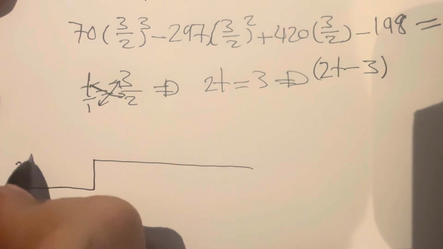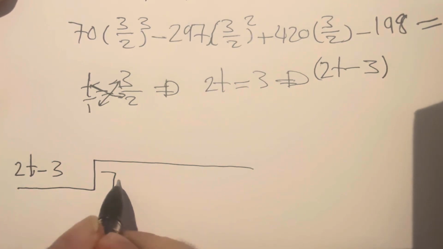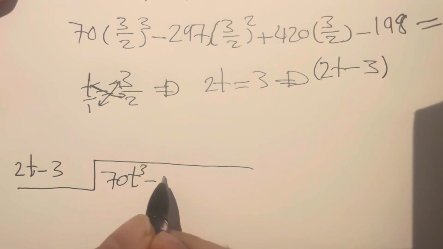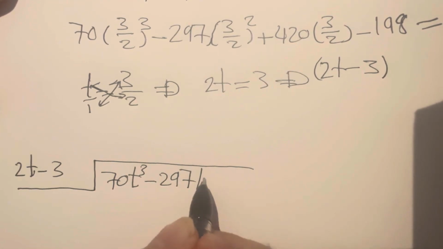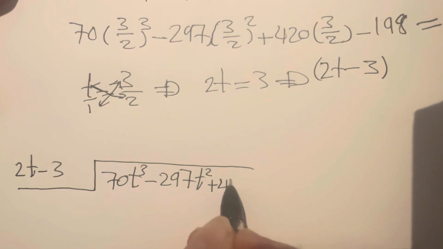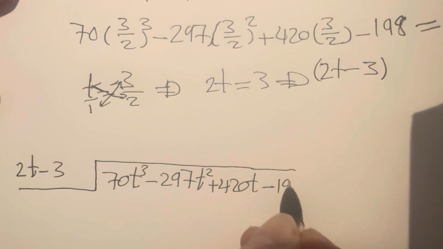We have 2t minus 3, then we have 70t cubed minus 297t squared plus 420t minus 198.